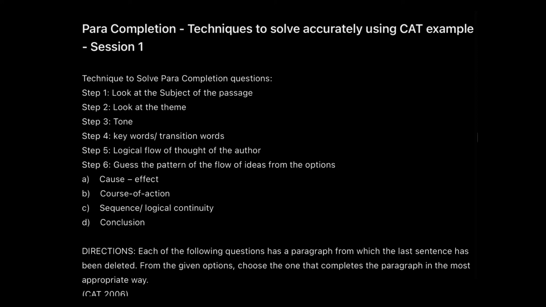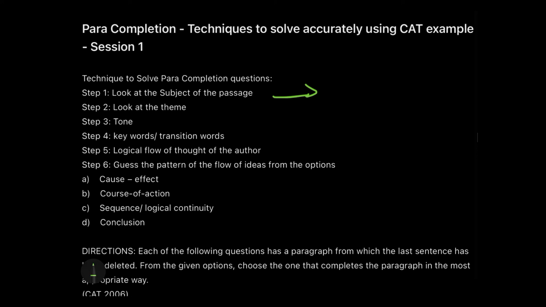The first thing which we will be doing is the basic technique of solving the para completion. So the basic process which will always lead to the accurate answers starts with step number 1, identifying the subject of the passage. So when you read the passage, what is para completion? Basically, the paragraph is given whose last line is missing, and the last line will generally be the line which will either sum up the entire information of the passage, or it will come through a sentence which will be the effect of the causes mentioned above.